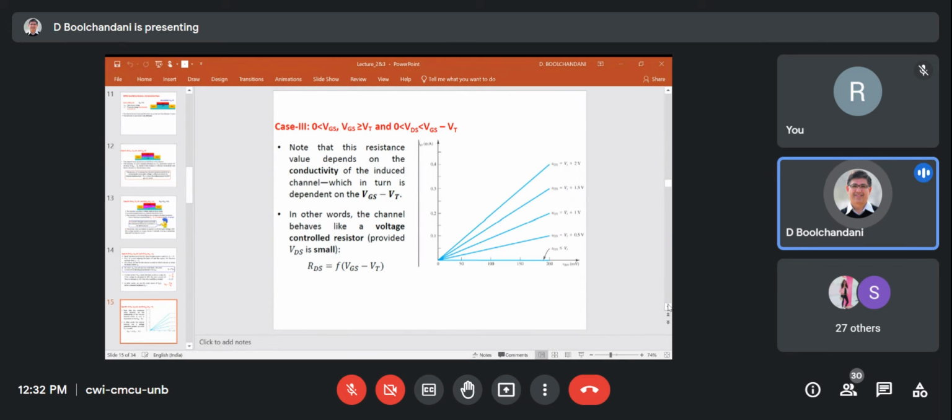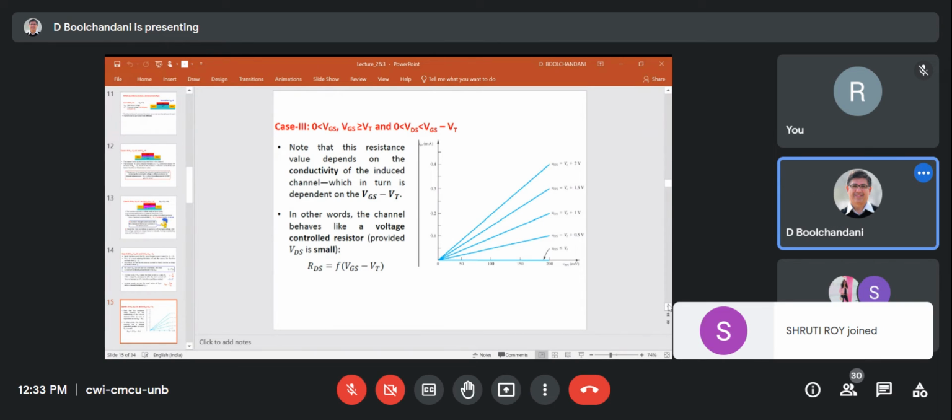So the value of the resistance depends upon the conductivity of the induced channel, which in turn is dependent upon VGS minus VT. So in other words, the channel behaves like a voltage controlled resistor. So if you increase VGS minus VT, what is going to happen?